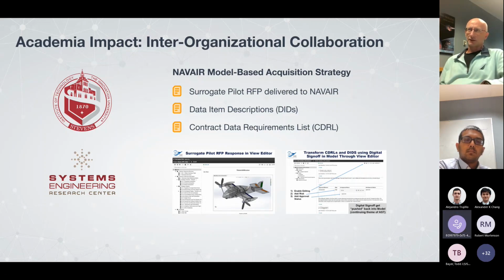In this little example that you see here, there are model-based sign-offs of documents using View Editor. So that demonstrates that it can work across organizations.